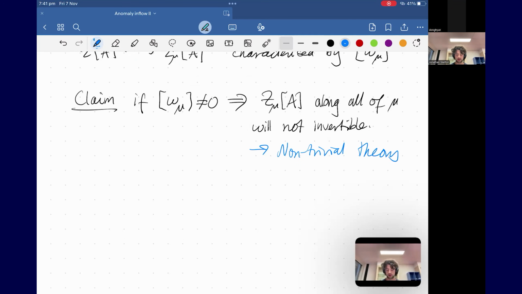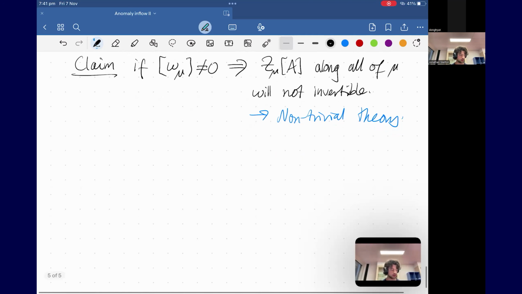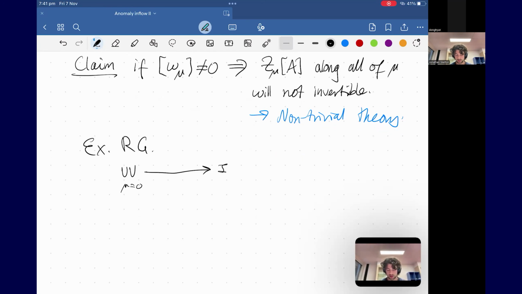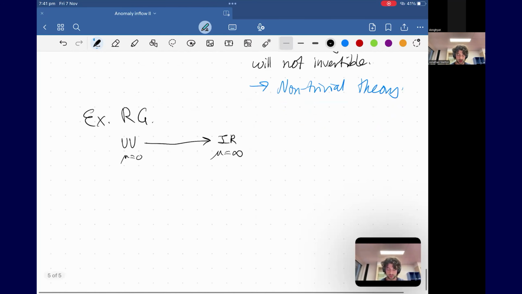So to unpack this, what this really means is that, for example, if you take RG flow and you go from the UV, which could be mu is zero, to the IR, which could be mu is infinity, then you're going to have, let's write it like this, U lambda non-zero implies one of two conditions.